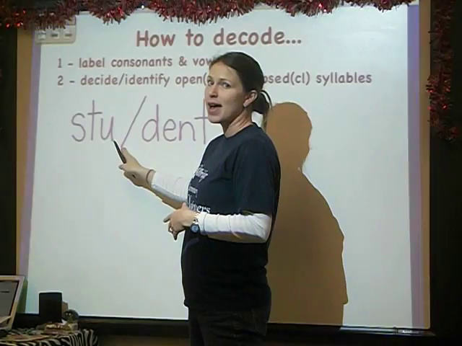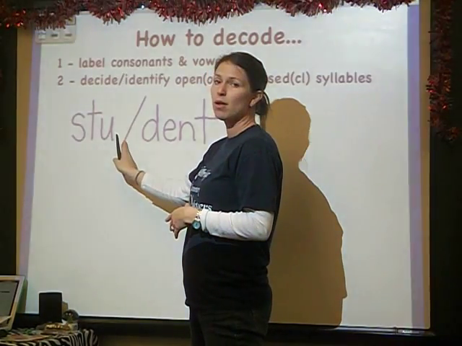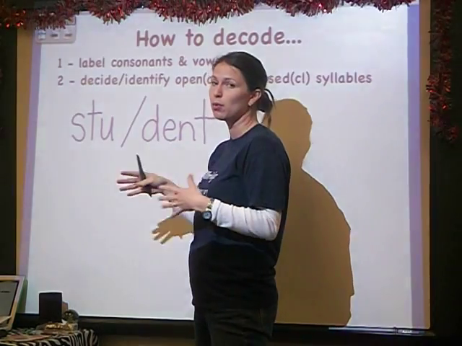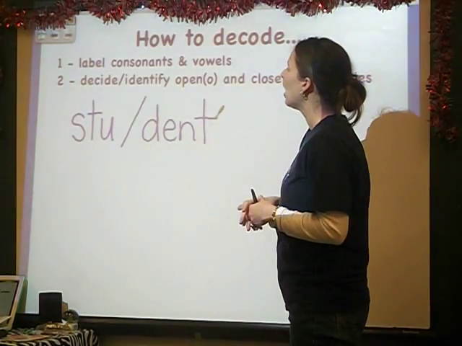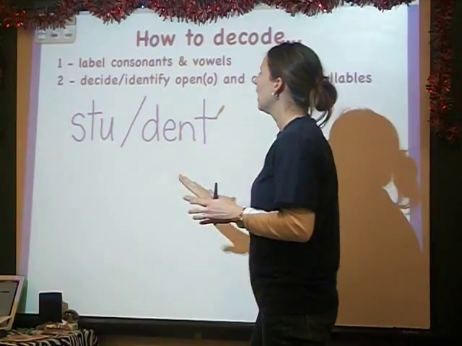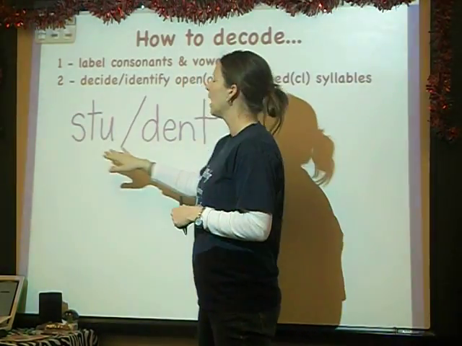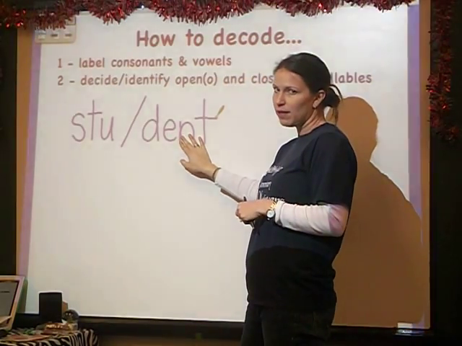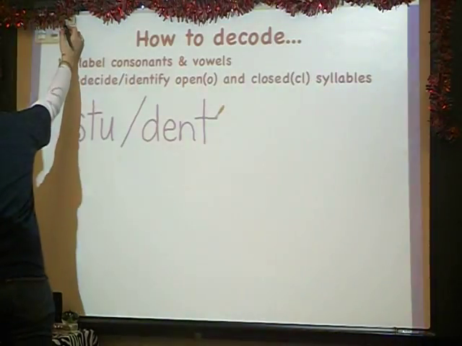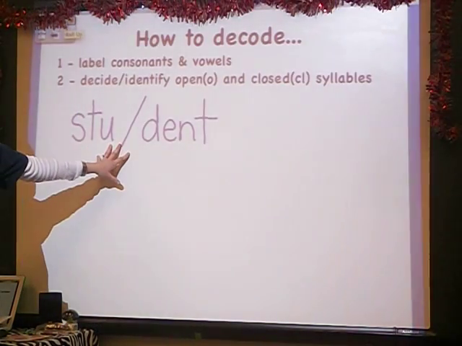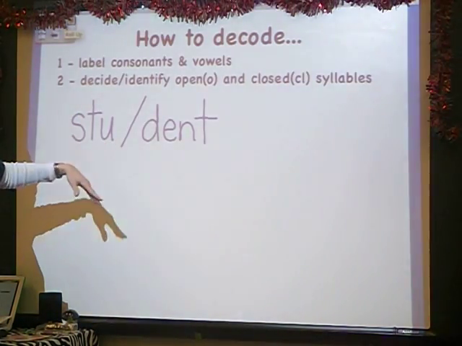Here your child will automatically know that there is one syllable, backslash, here I know that means there's two syllables. So your child will receive it just like this. Now what we need to do is decide if this first syllable is open or closed, and then go to the second syllable and see if it's open or closed. So let's do that together. And again, this will be what your child receives through the first day or two.